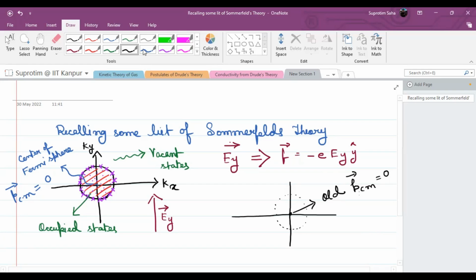All right. So now your new position will be here. Let's say this is your new Fermi sphere.